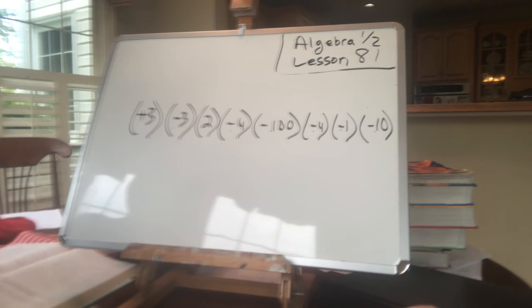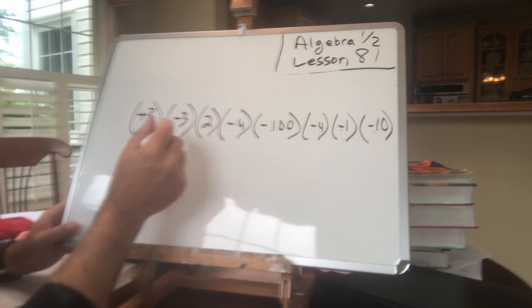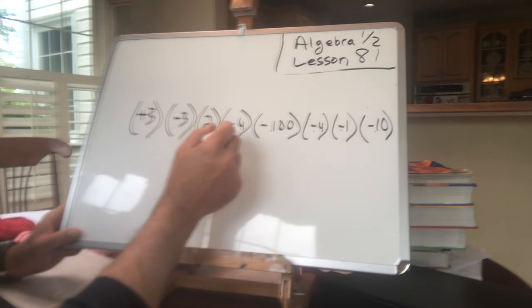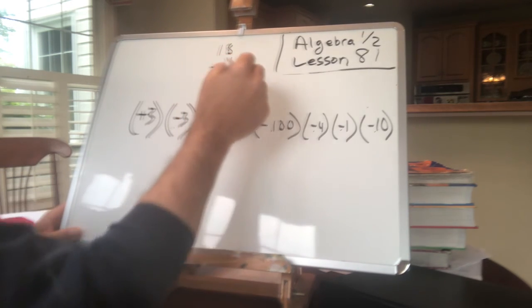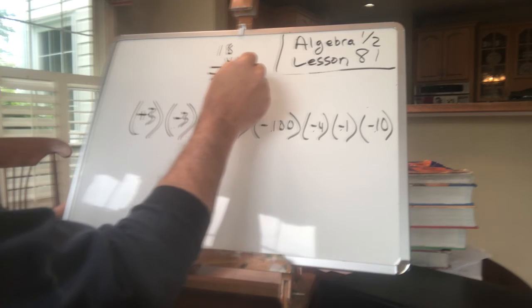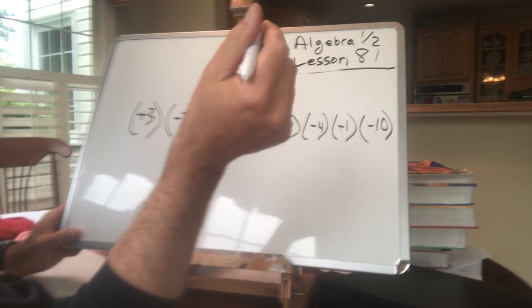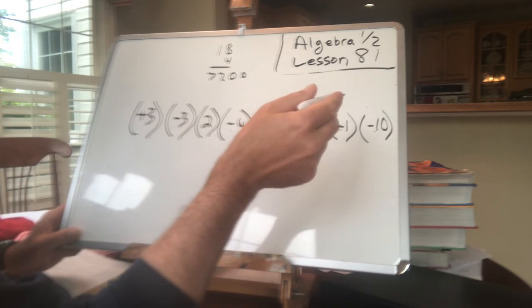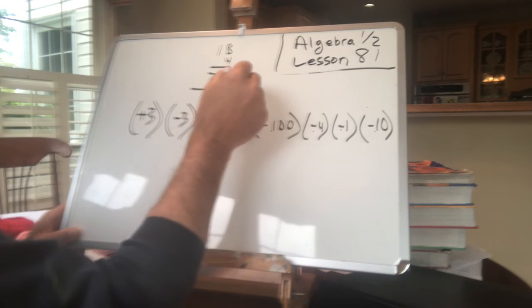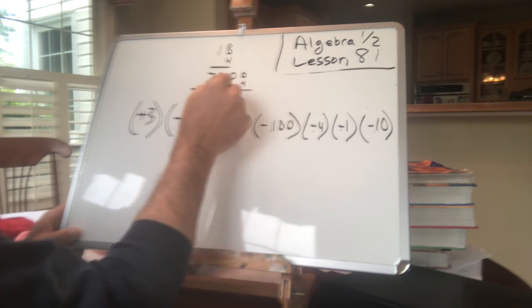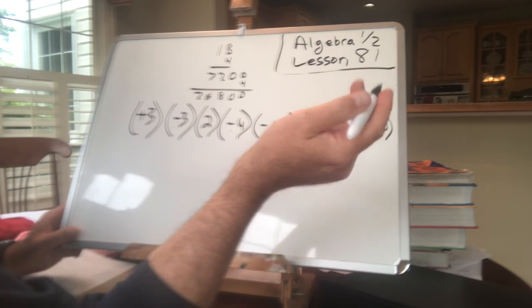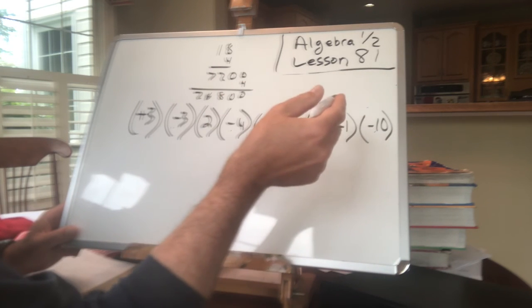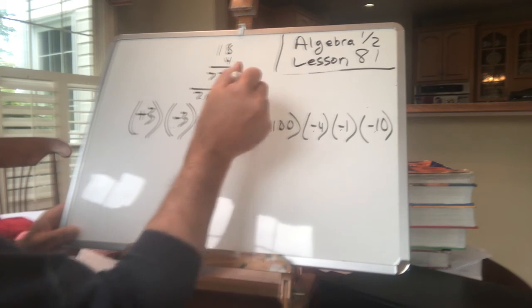And my multiplication will be 3 times 3 is 9, 9 times 2 is 18, 18 times 4 is 72, 72 times 100 is add 2 zeros, 7200 times 4 is, yeah, it would be 28,800 times negative 1, doesn't matter, that's the same number, times 10, so I add another 0, right?